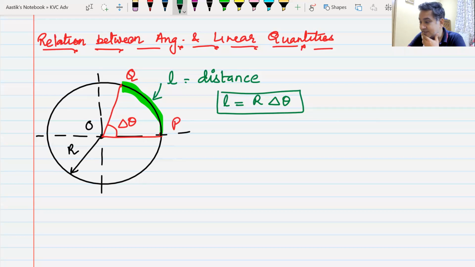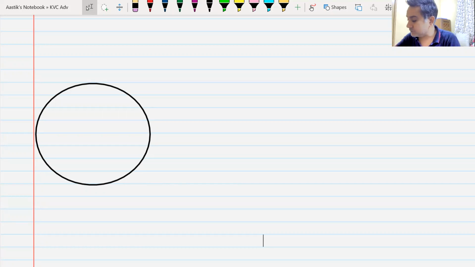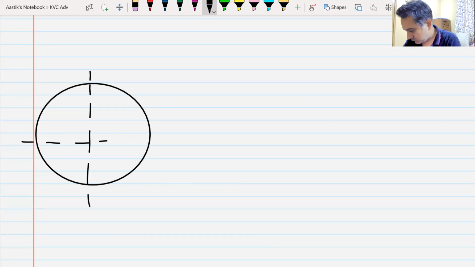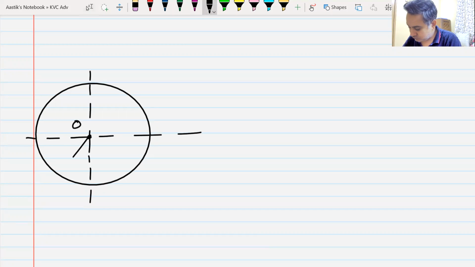This is the relation between distance and the angular displacement. Now, if I move further ahead, again, the same diagram. O, radius R.